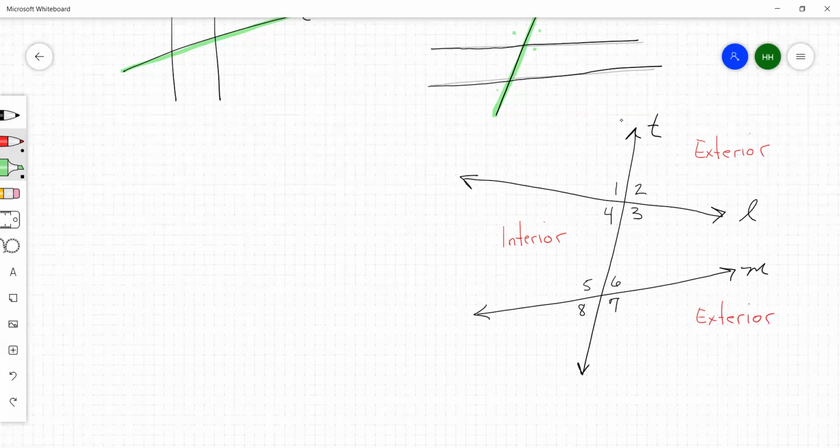And now what we're going to do is list the names and descriptions of a bunch of angles. We're going to start with interior angles.